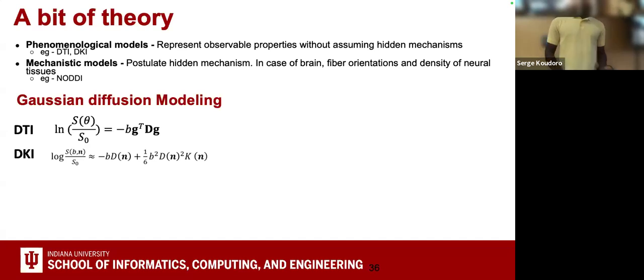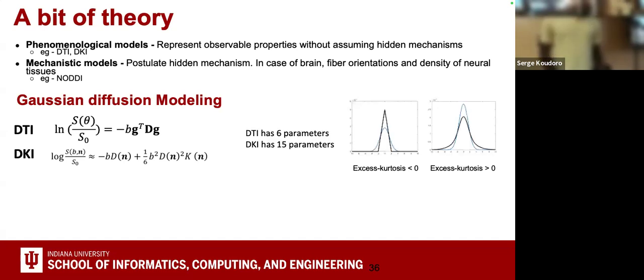The difference between both, you can see on the equation, is that in the DKI we introduce a new element, which is the kurtosis. So the DTI has, like I explained before, only 6 parameters, and the DKI has 15.